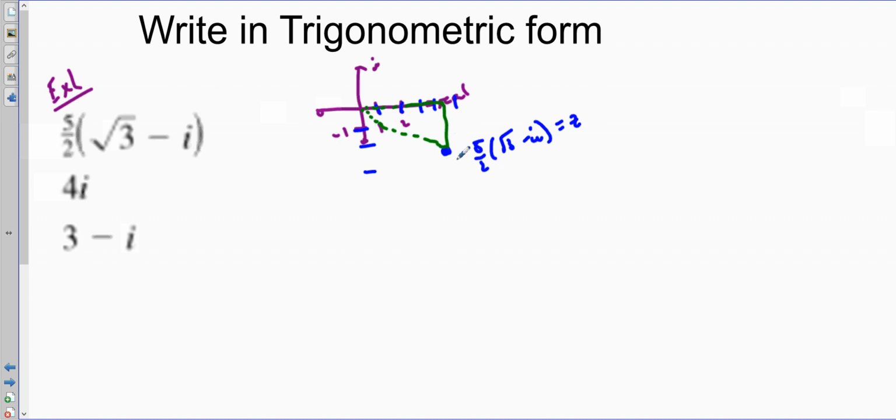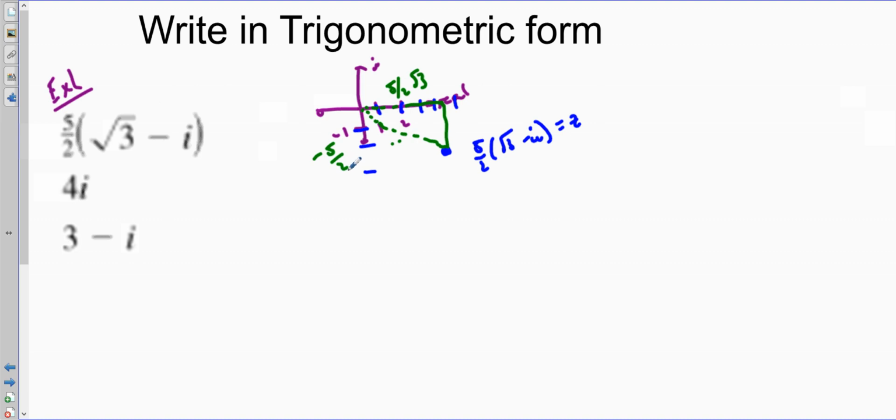Since we have 5 halves, and we have this portion right there, this length is going to be 5 halves square root of 3. This one's going to be just -5 halves.